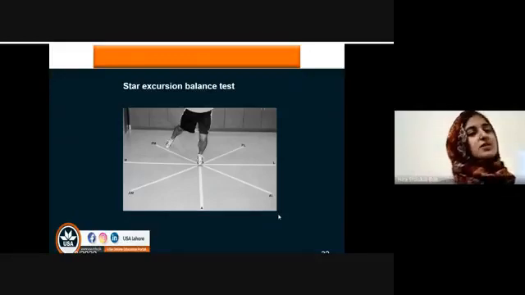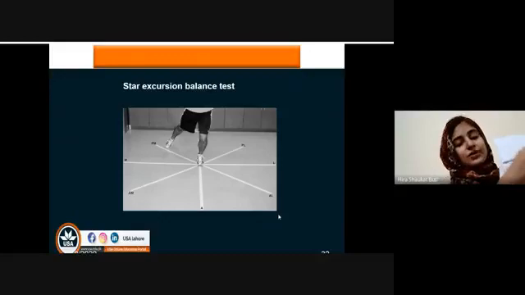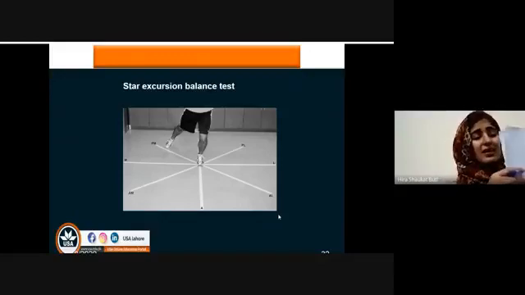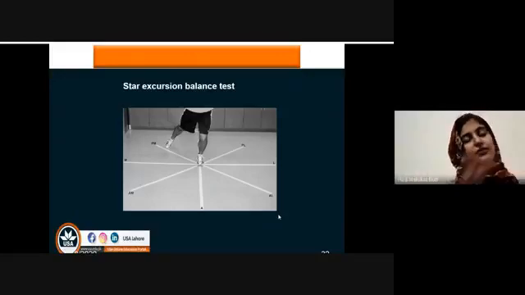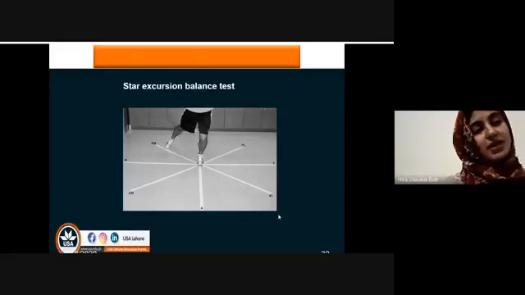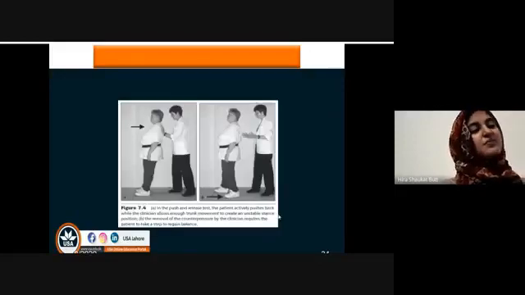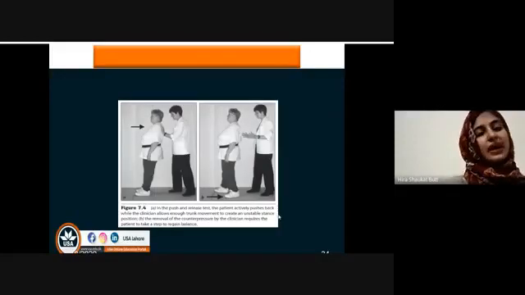So this is the star excursion balance test, in which you have to touch the points or the supports on the different rows, first of all on the right side with this leg, and on the left side with this leg. This is the star excursion balance test. The diagram is here.